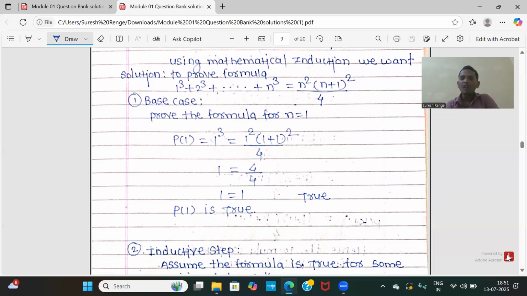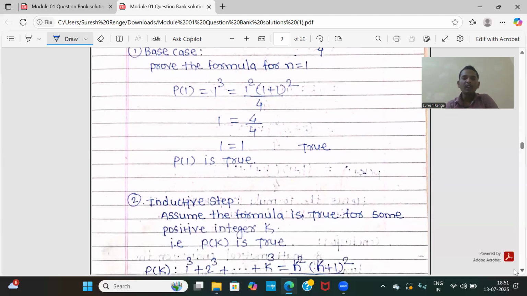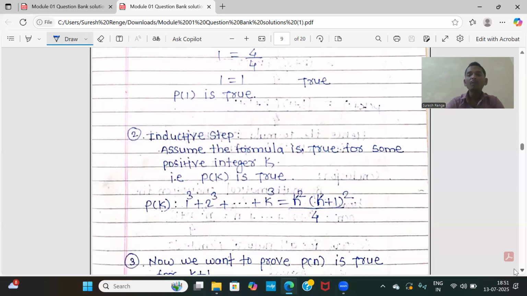Now in the second step, we are assuming that this formula is true for some positive integer k, means for k terms this formula is true. Means in the inductive step, we are assuming that this formula is true for some positive integer k, where positive integers means natural numbers.